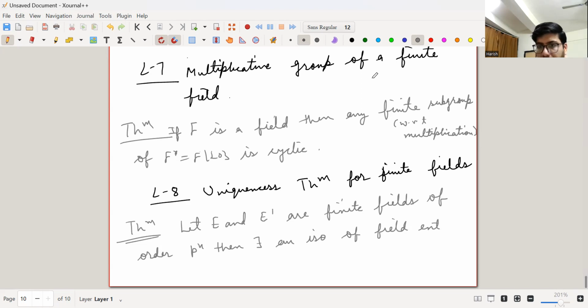It's not just an isomorphism of fields, it's an isomorphism of field extensions, which is an even better statement, that it preserves the base field. Isomorphism of field extensions from E to E prime, keeping the base field Fp fixed. That's why I said that there is only one field of order p raised to n, because all fields of order p raised to n are isomorphic.